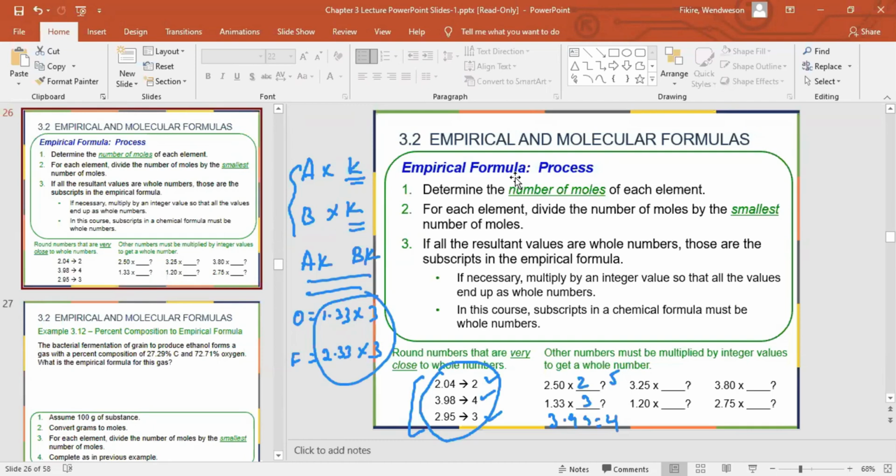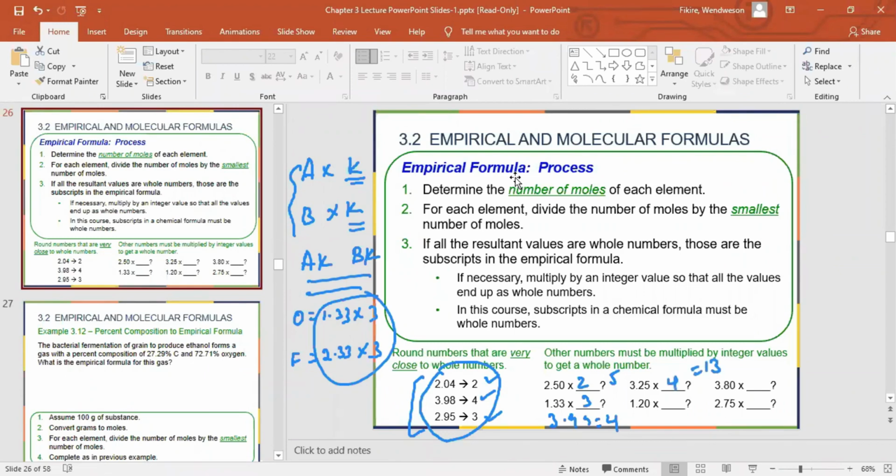You said to the nearest whole, right? It's a whole number. What's the number that you said? I said 4. Multiplied by 4, that's 13.